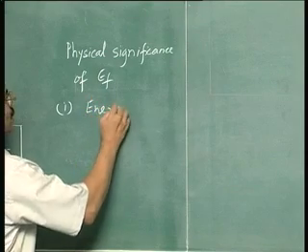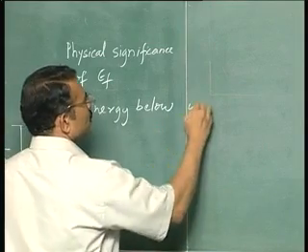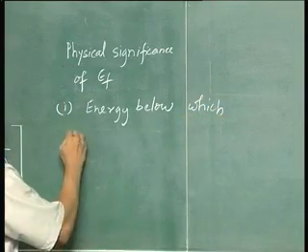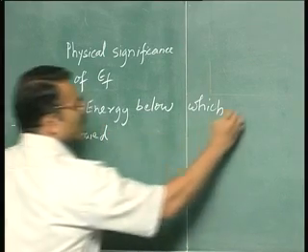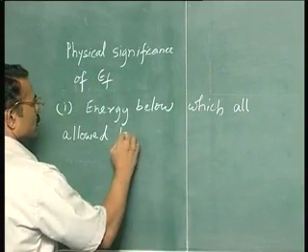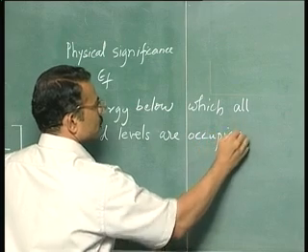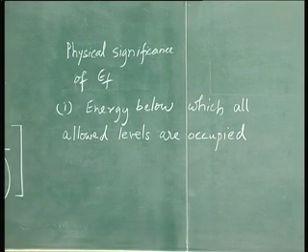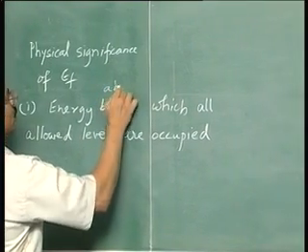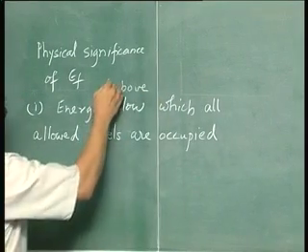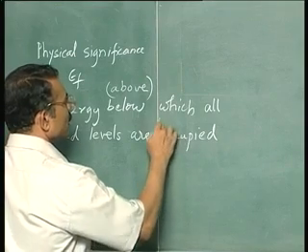So, it is that energy below which all allowed levels are occupied. And I can simply write, I can replace below by above here, and here occupied by unoccupied.